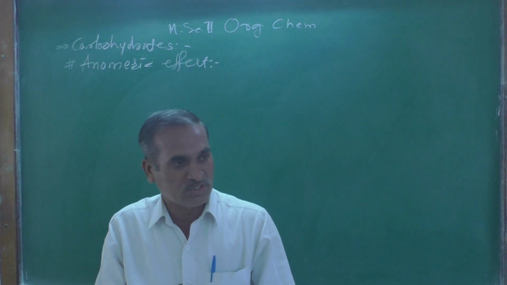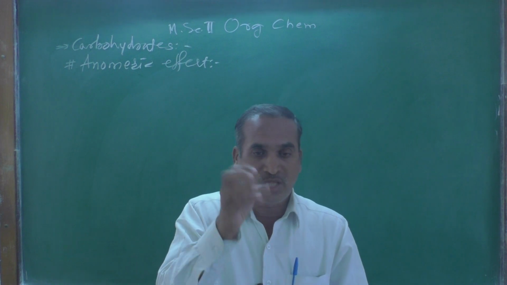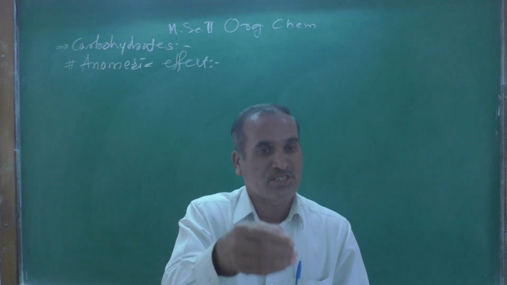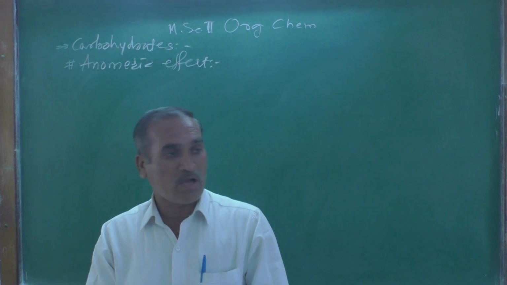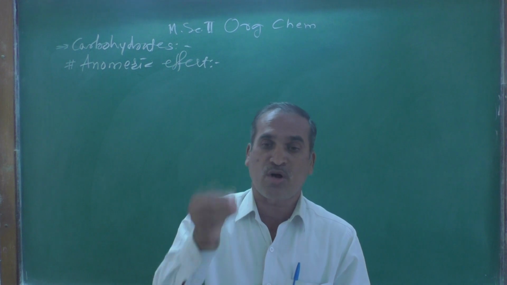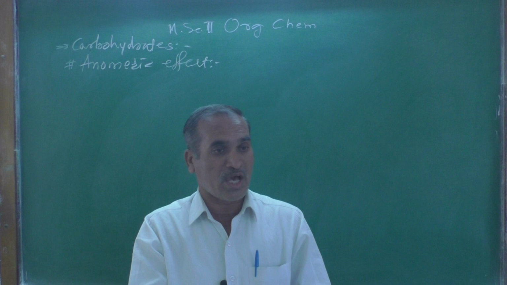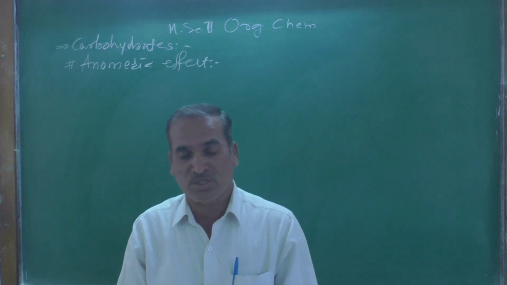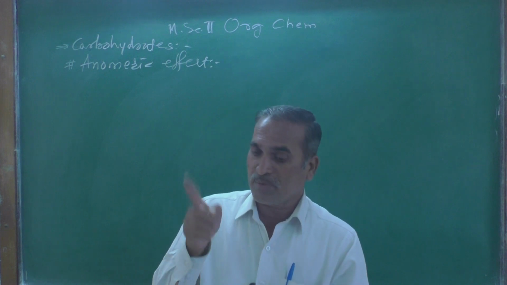Why is it more stable? What factors exhibit the stability of the alpha form? And suppose the beta form is more stable: under what specific condition, with what type of group, is the beta form more stable than the alpha form?